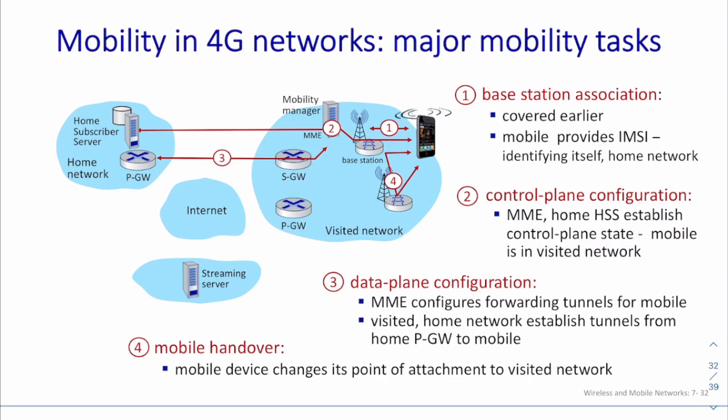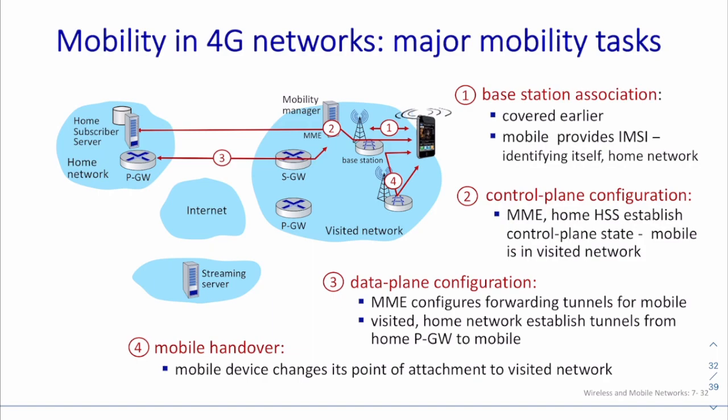So step number 2, at the control plane, they have to do such configuration to check your authentication. Step number 3, after they do every configuration, the MME configures the forward tunnel from the mobile, so the visit network establishes a tunnel from the home gateway to the mobile.